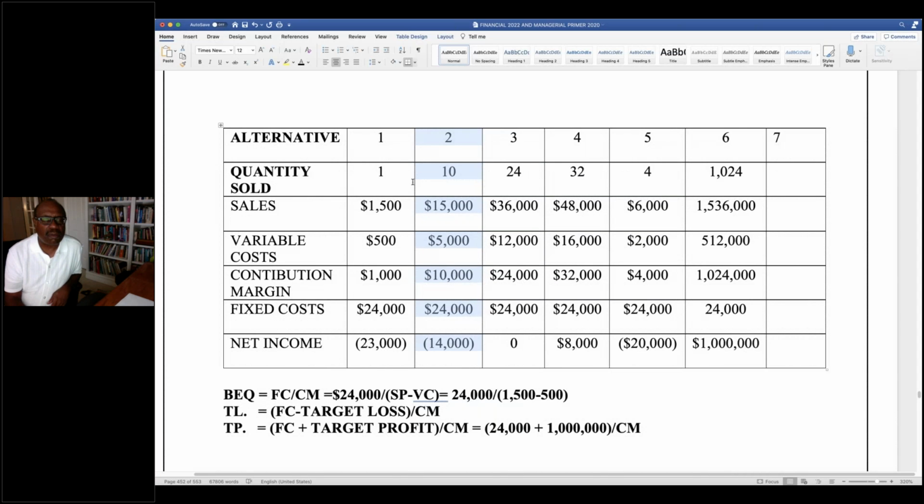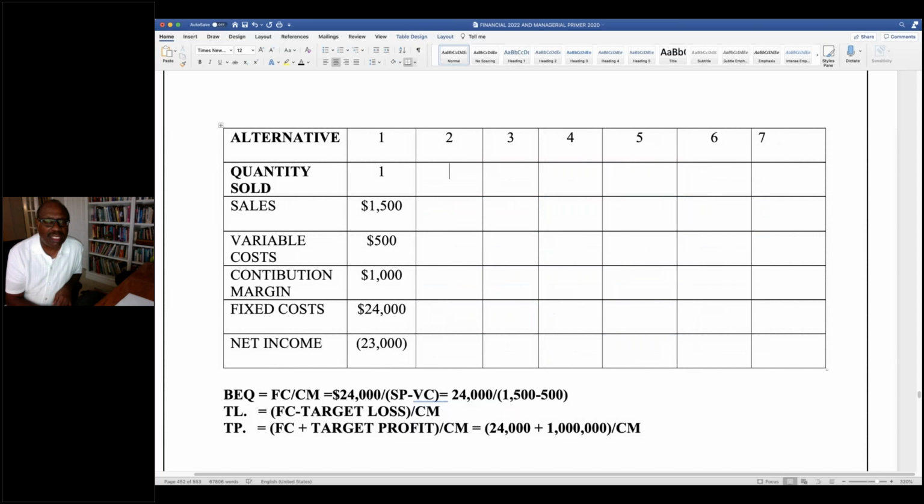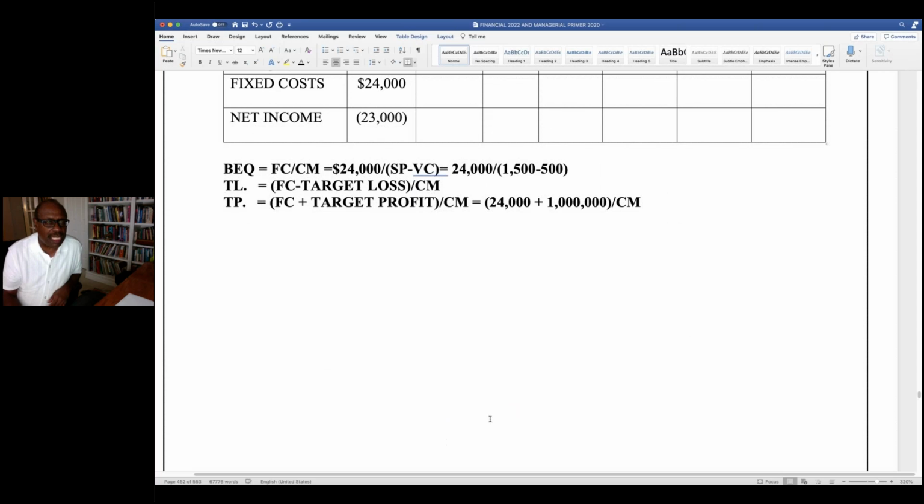So we always keep the 1 in so that you can do the first one. Suppose we were selling those books.